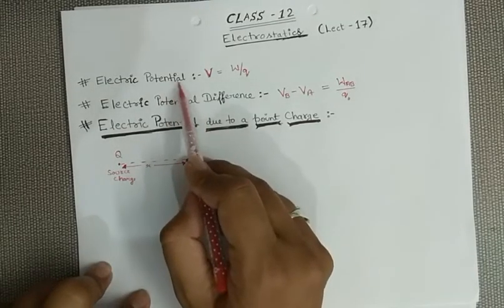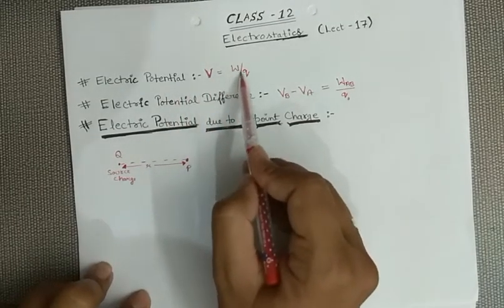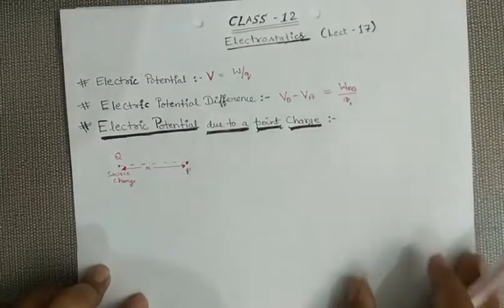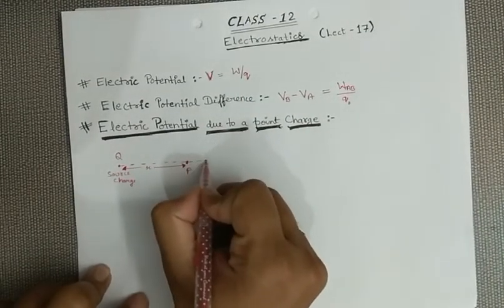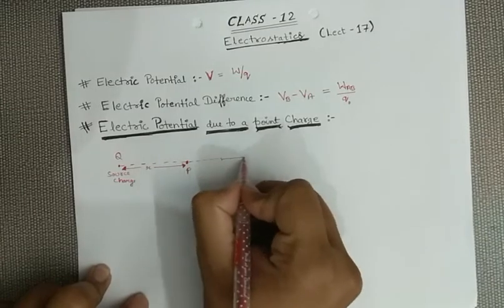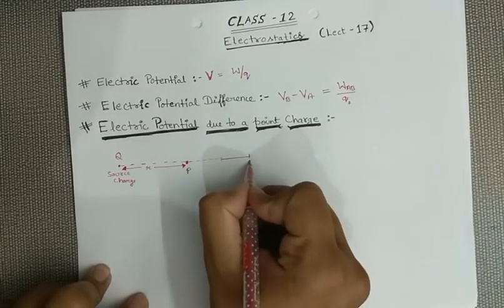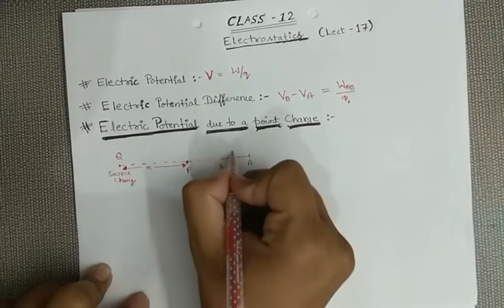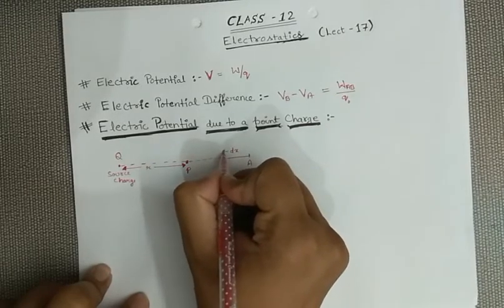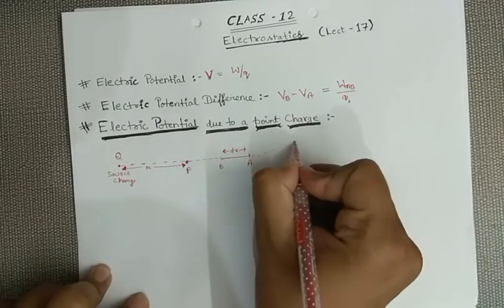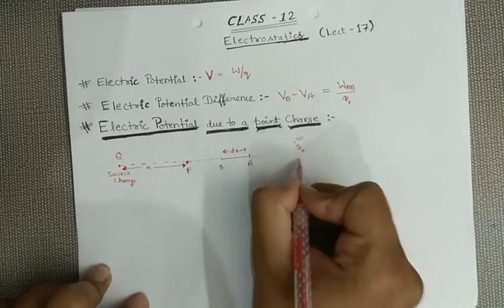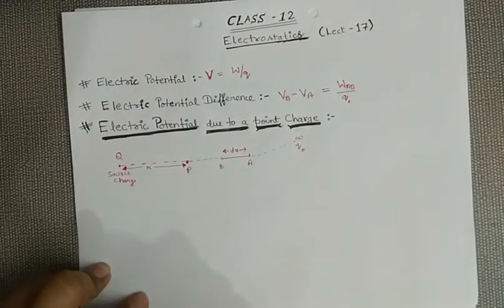In order to find potential, you need to first find the work done to bring a charge. Suppose we take a small length here, A, B, let the small length be dx. This dx is the small segment length, and our test charge Q naught is somewhere at infinity. Now what I have to do?